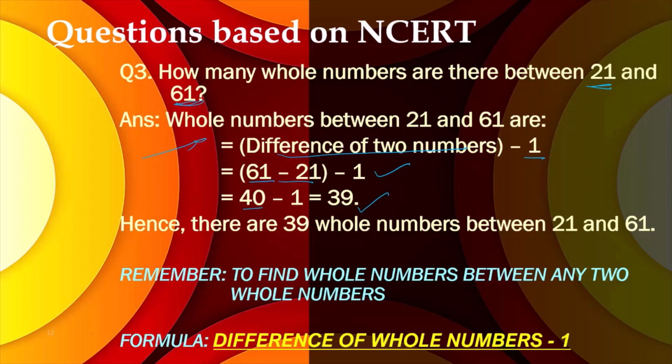Hence our answer is there are 39 whole numbers lying between 21 and 61. So this is the formula which you need to remember whenever you encounter this kind of question in which you have to find the number of whole numbers lying between any two given whole numbers.